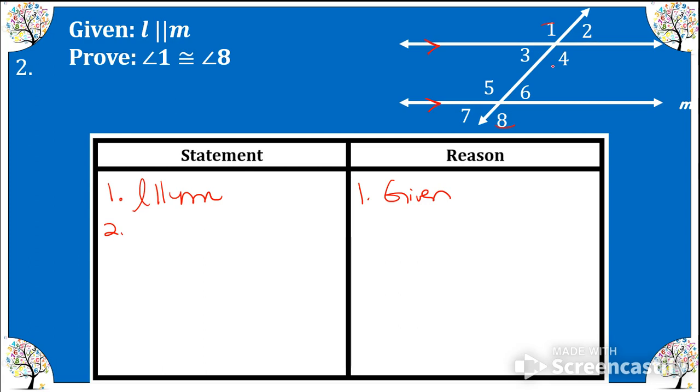So let's do what we did similarly to the last one. I know that angle 1 and angle 4 are congruent because they're vertical angles. So I know that 4 and 8 are congruent because corresponding angles are congruent.